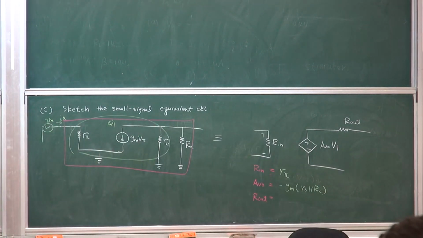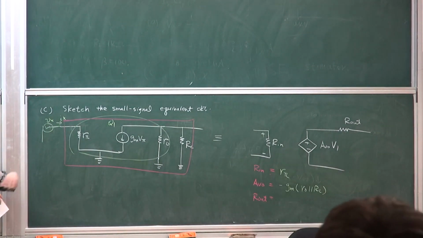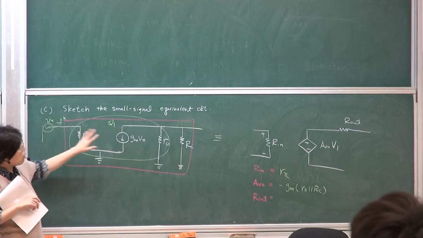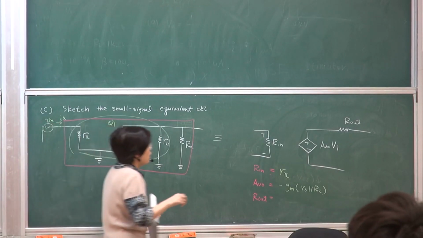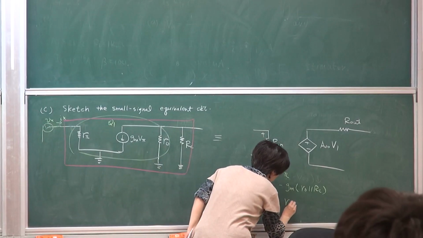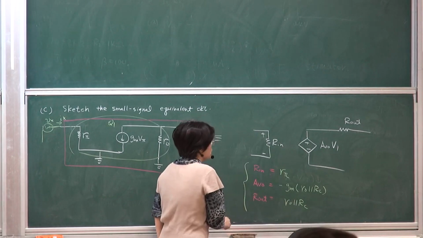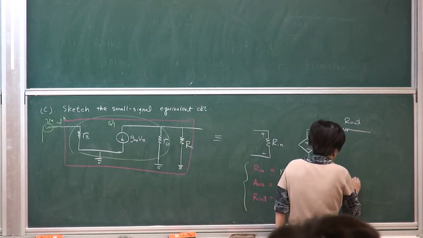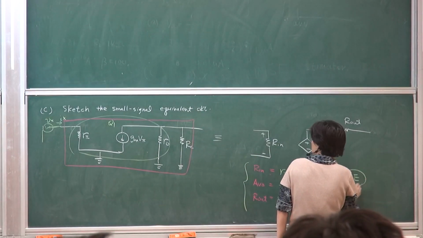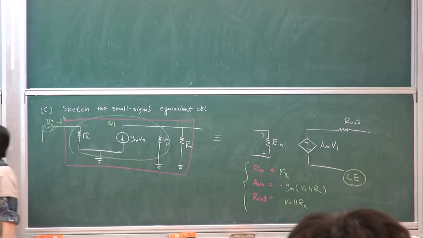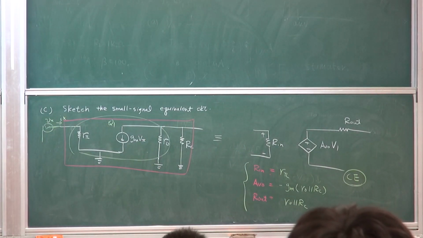Okay? And the output resistance: I'm turning the input off and looking at the output terminal. When you turn this off, this is closed, and this will simply be RO in parallel with RC. So this is what happens in a simple common emitter stage with a load of RC. This is the third part of the question.